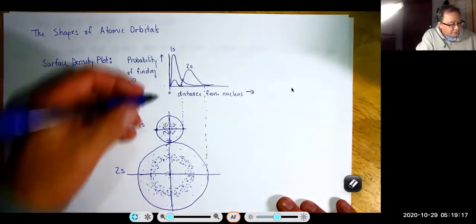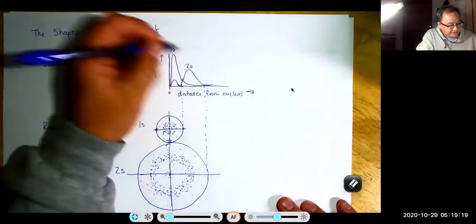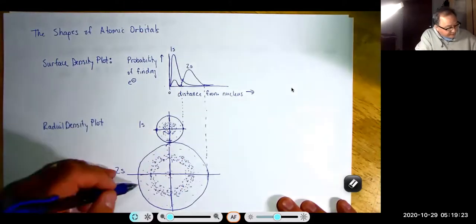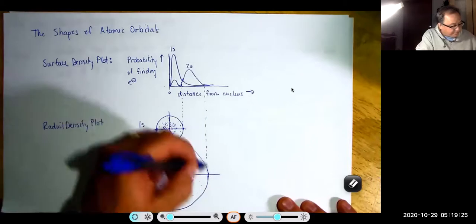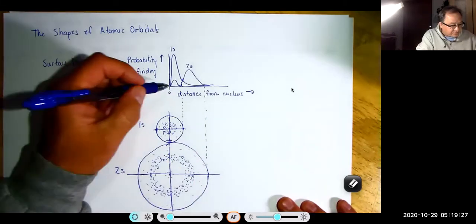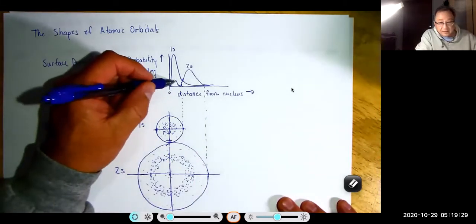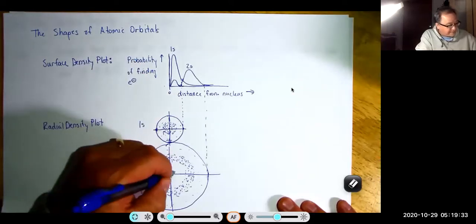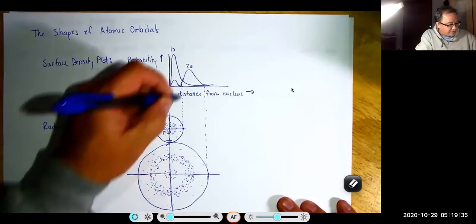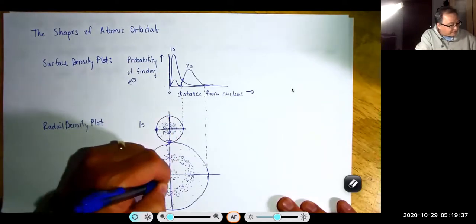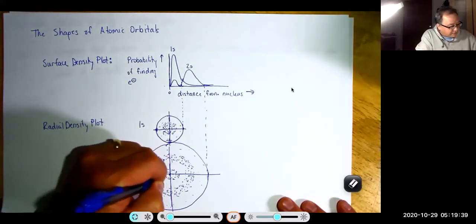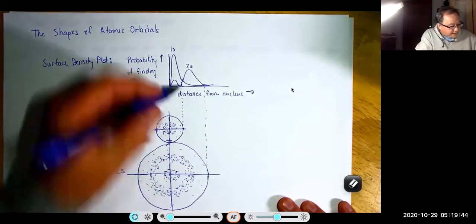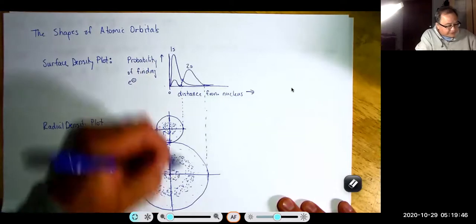So here for the 2s, I went all the way out to here, and I said, well, that's going to be the end of my 2s. And you can see that it ends up being a pretty big circle. Now you see this little tiny hump here? So this is right here. If we follow that down, we can find the electron here, close to the nucleus, but we can't find it right here because this goes to 0.